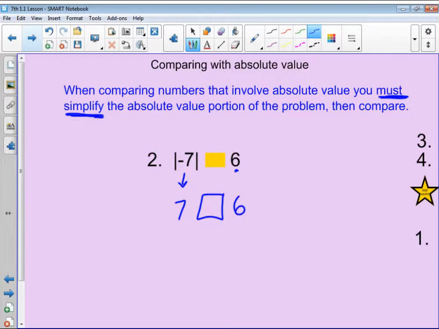It doesn't have the absolute value bars. Now when I go through to compare that, 7 is bigger, so the open mouth eats the bigger number. 7 is greater than 6. Or if I were to read it, the absolute value of -7 is greater than +6.